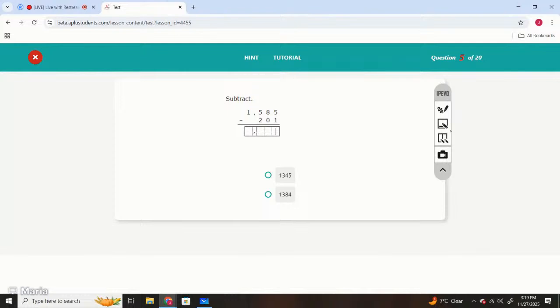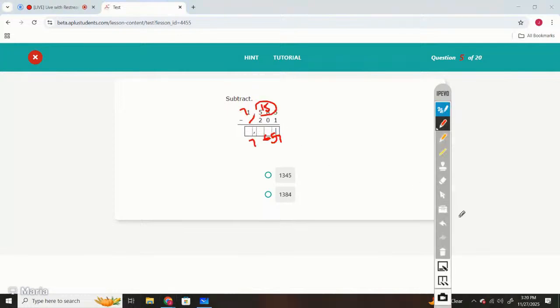5 take away 1 is 4. 8 take away 0 is 8. 5 take away 2 is 3 and 1.